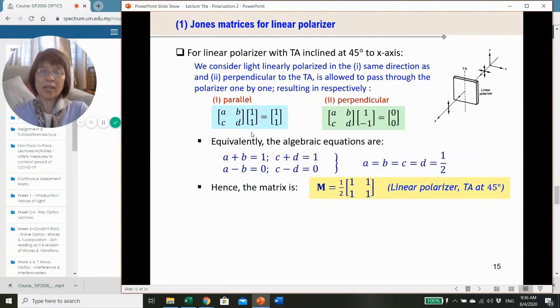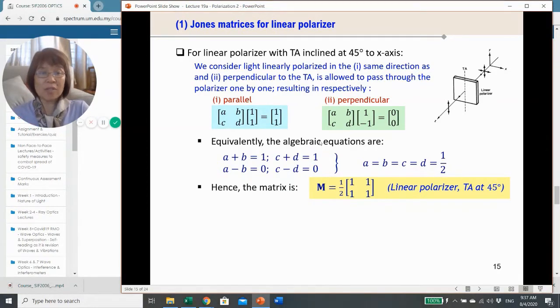So from these two matrix equations, you can write out the equivalent algebraic equations, and you will find that A plus B is equal to 1, C plus D is equal to 1, A minus B equals 0, C minus D equals 0. So you solve this and you find that A equals B. All the elements have the same value, which is equal to half.